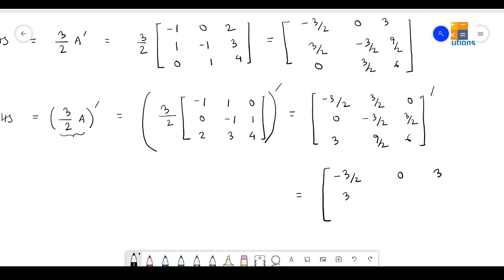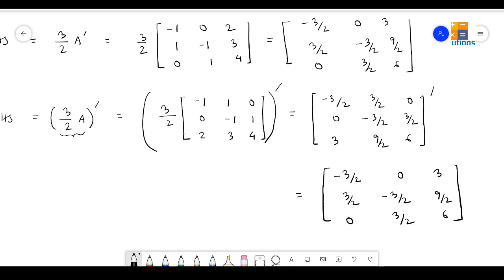That means 3 by 2, -3 by 2, 9 by 2. The second column will become the second row, and that's what I got. Then the third column will become the third row. So 0, 3 by 2, 6.